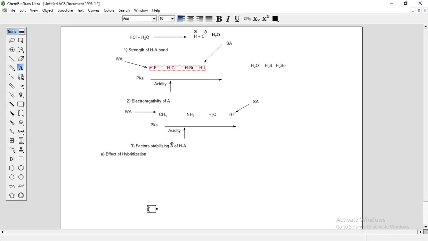Ethane and acetylene. So let's take an example. Hydrogen. Ethene.